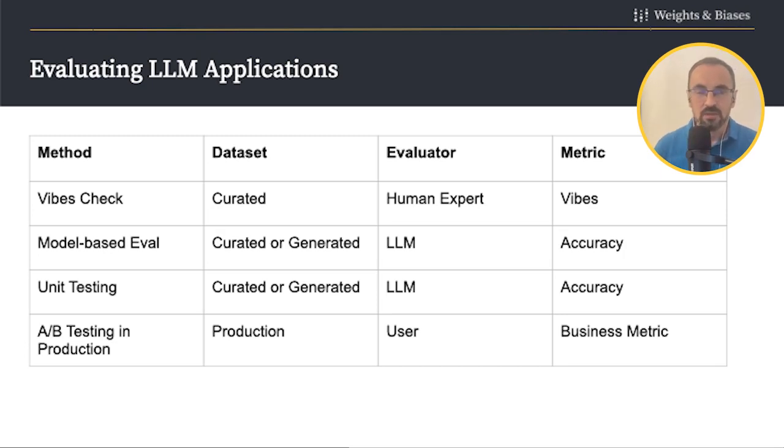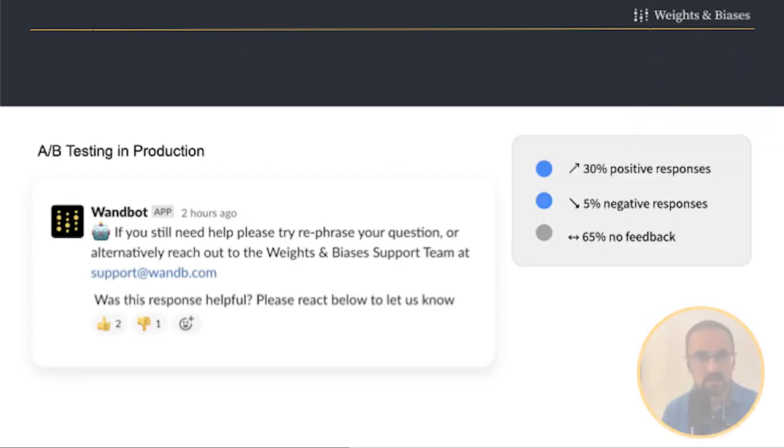One way we've done this in our LLM application at Weights and Biases is our OneBot application that lives on our Discord, and it answers user questions about Weights and Biases, sometimes correctly, sometimes incorrectly. We try to measure the percentage of positive responses and the percentage of negative responses based on user feedback. Or I should say helpful rather than positive and negative.